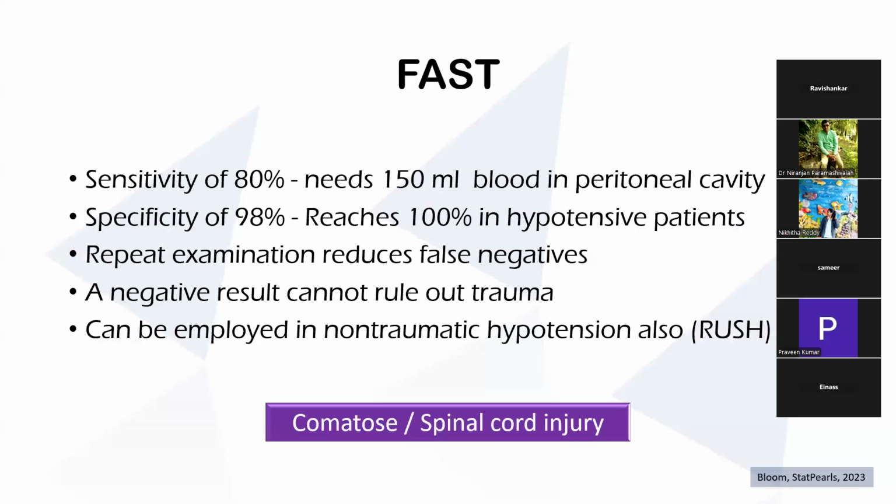It can miss a few, but it is very specific. Once you see it, and in hypotensive patients, it's 100% specific in the sense that they've had a significant bleed. Not 100, 200 ml, maybe a 1000 ml bleed. So it's a large quantity. It is almost never that you miss it. So in a hypotensive patient, it reaches a very high specificity.